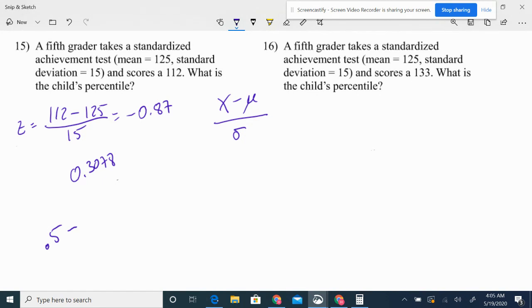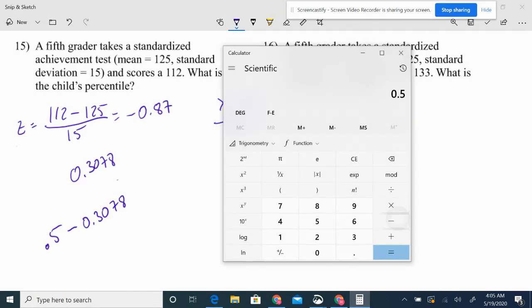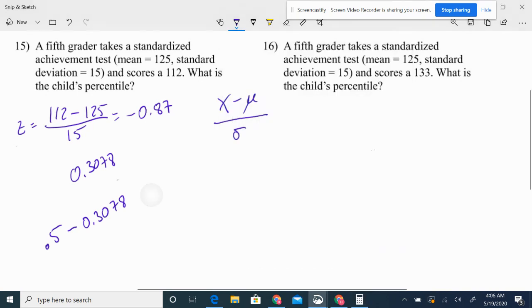So minus 0.3078. 0.5 minus 0.3078 gives me 0.1922.